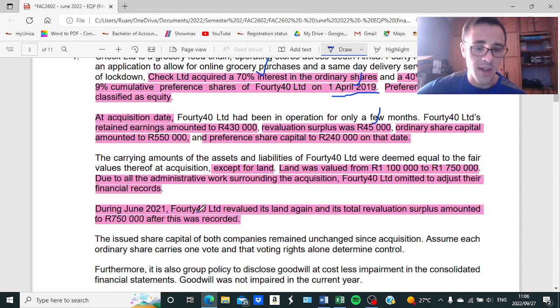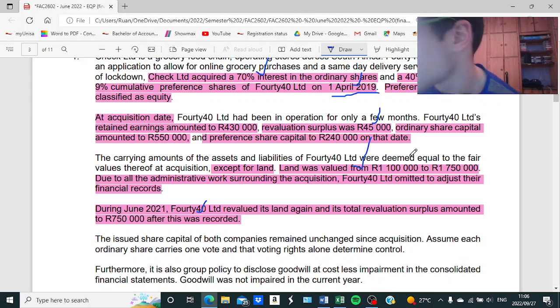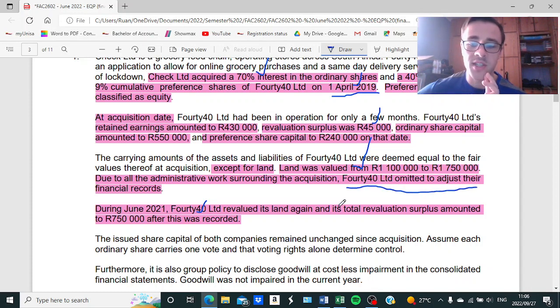Now I need you to listen very carefully when I analyze this calculation. The subsidiary did not account for this revaluation of 650,000. Remember that this revaluation of 650,000 is not included in the revaluation surplus amount of 45,000.